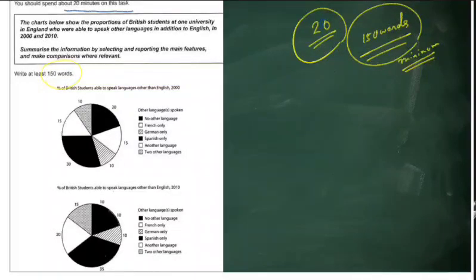And we have on our hands a summary of some data given. Now, if you look at the pie charts, what do they represent?